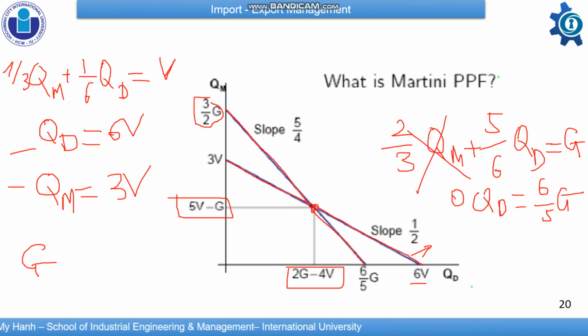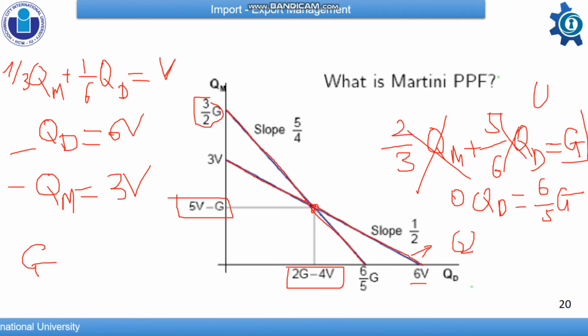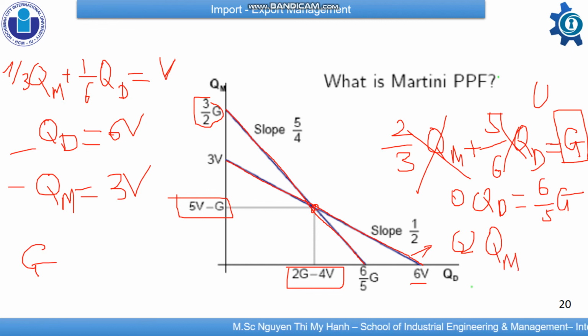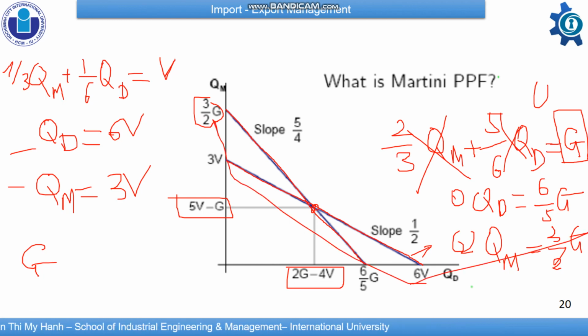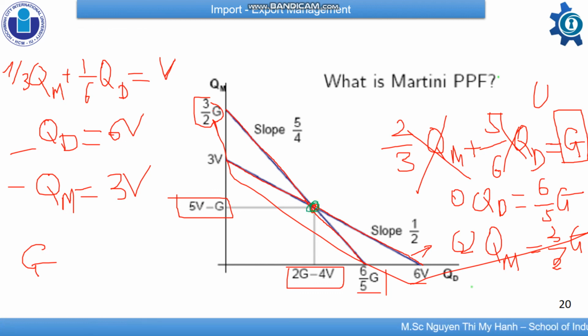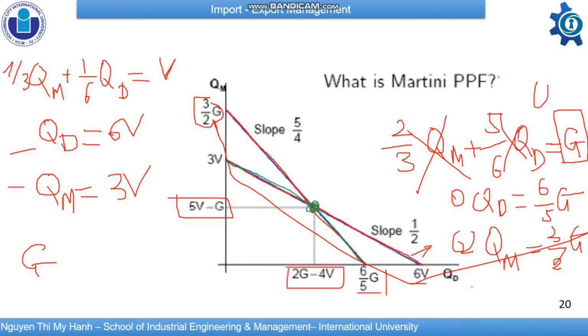This one will be equal to 0. And the second, when this one is equal to 0, they focus all the gin resource to produce the regular. So the total regular you have is 3 over 2 G. So that's why you have this point, and you have the line. And we see the intersection between them here. And this line, the green line I'm drawing, is the PPF of martini.